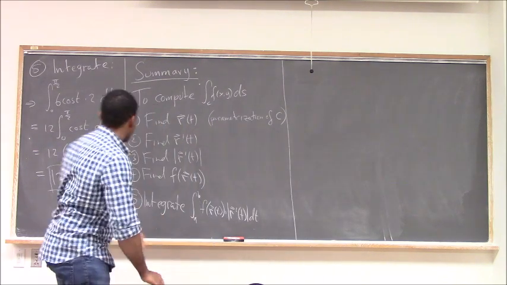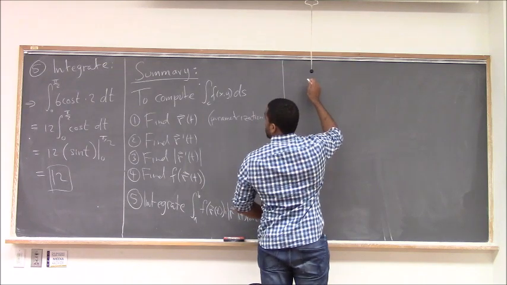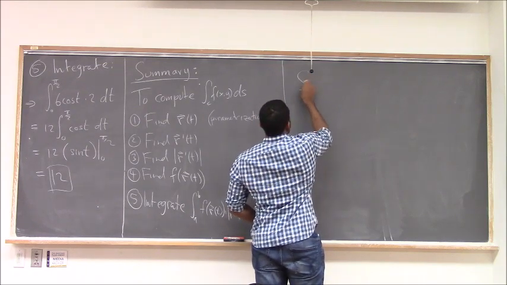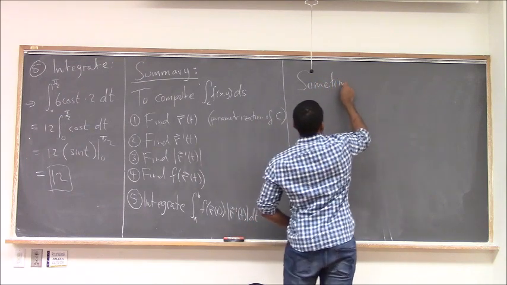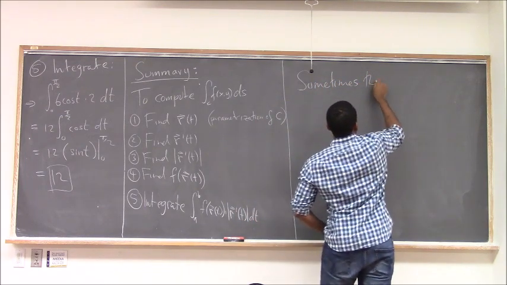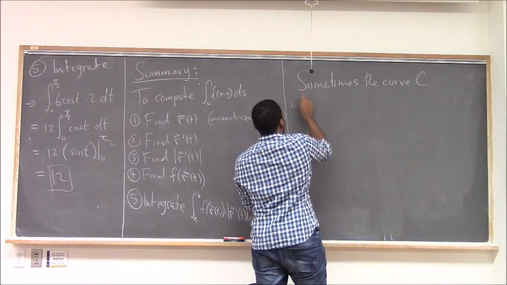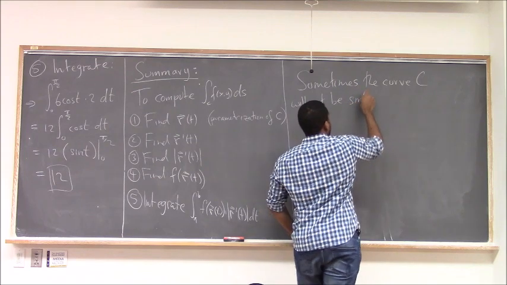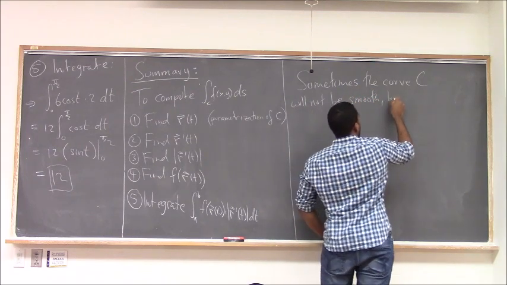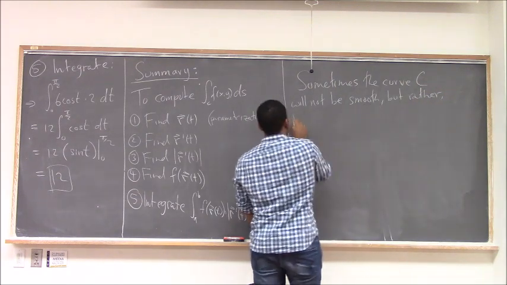Here's something I mentioned last time, but we will do it again. Sometimes the curve C will not be smooth, but rather piecewise smooth.